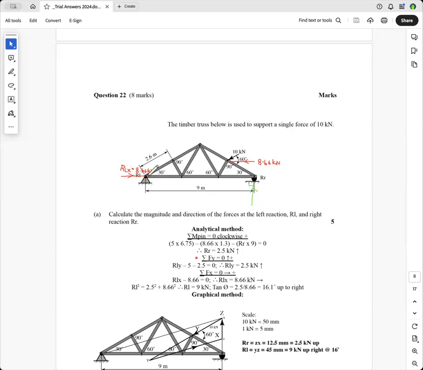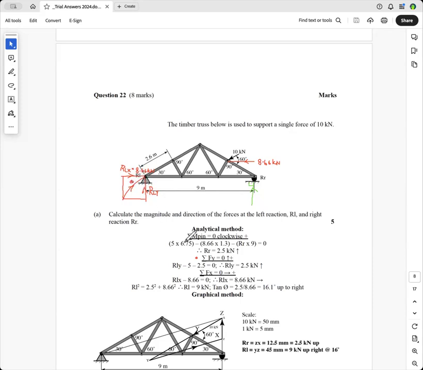Okay, and then this force up here, you get that there, so that force there will be RLY. And then you immediately know that the RL will be somewhere down here, and that will be theta.